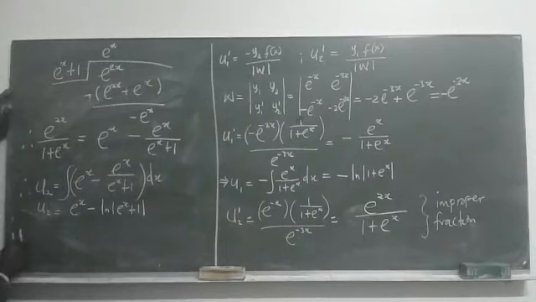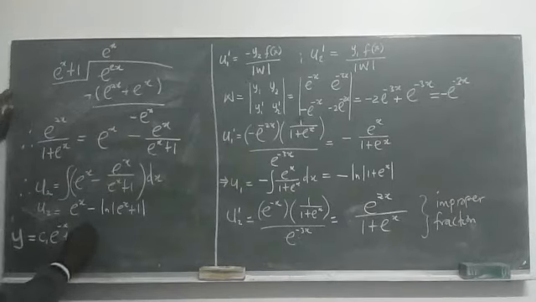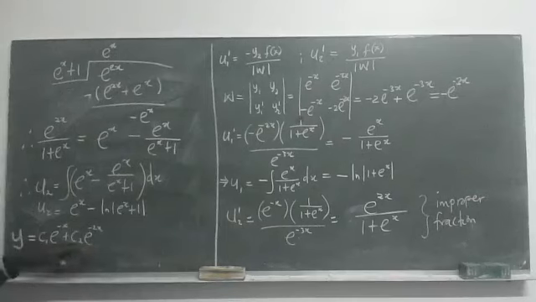The general solution will be y is equal to, you remember, I should have the complementary solution here. It's c1 e to the power minus x plus c2 e to the power minus 2x. Now I want to include the particular solution. Remember, it was u1, y1.